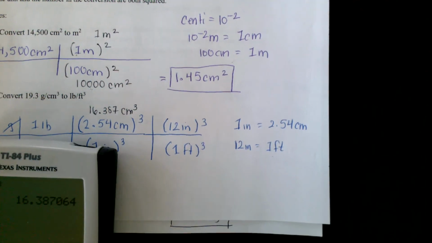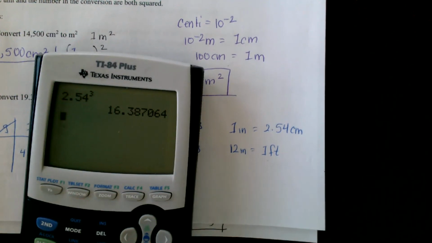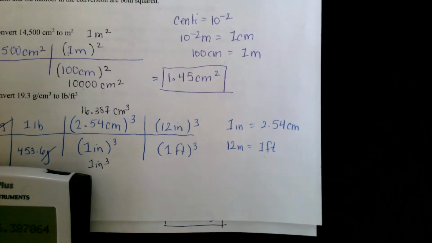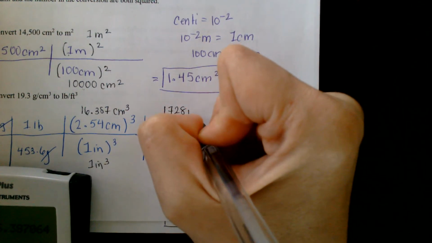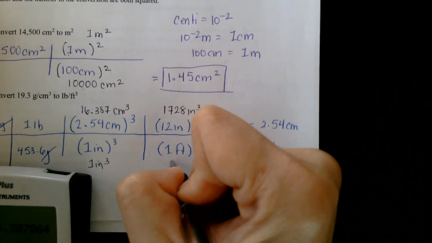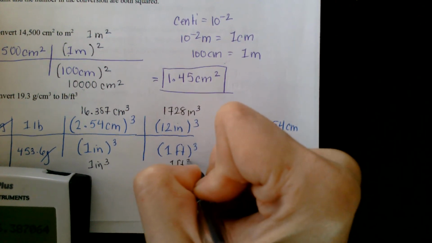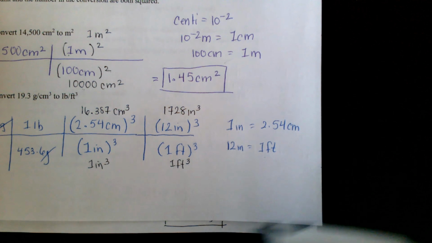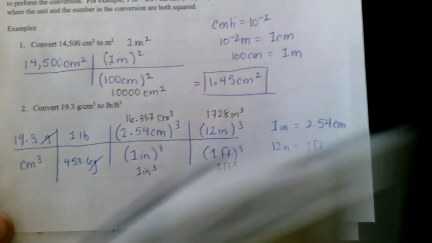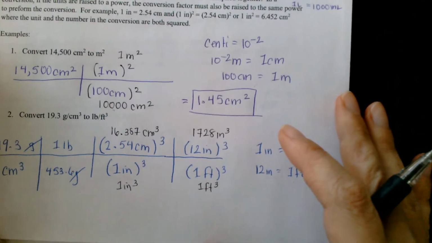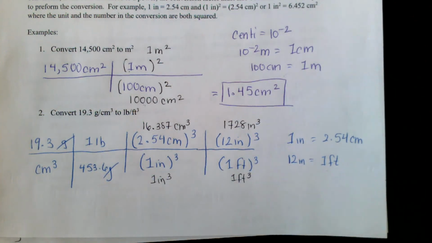Now I'm going to do the same thing with the 12. So we're going to see what 12 cubed is: 1,728 inches cubed per 1 foot cubed. Okay, so because we had to cube those units, remember that we do have to cube the number that goes with those conversion factors as well.